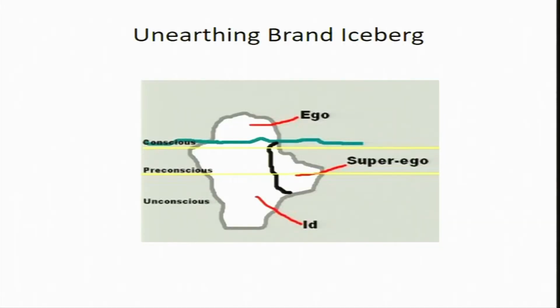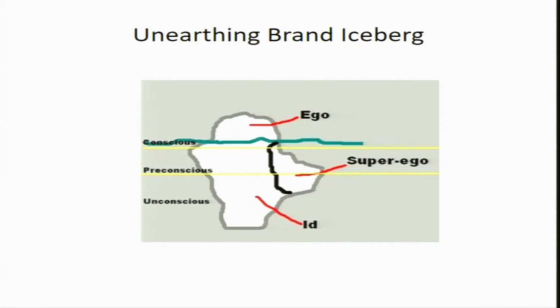When we come to brand iceberg, we will say that it is at the green line level, the conscious level, that the brand interacts with the consumers. So, what we are saying is that at the green line level, the personality interacts with the outside world. That is the conscious, and then we have pre-conscious or subconscious.